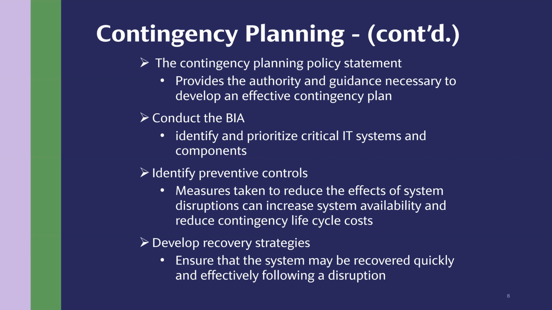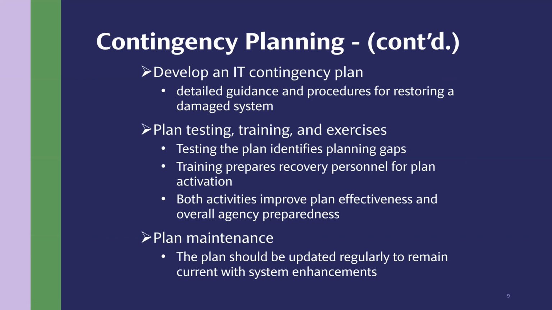Next, you need to develop recovery strategies. Once you have identified preventive controls, the next step is to develop recovery strategies, and this ensures that a system can be recovered quickly and effectively following a disruption. Then you need to develop an IT contingency plan, which is very detailed guidance and procedures for restoring a damaged system.